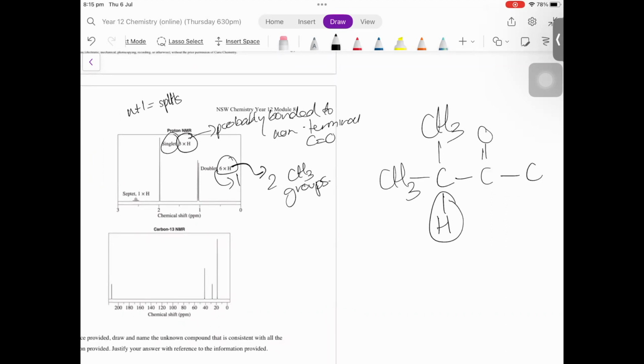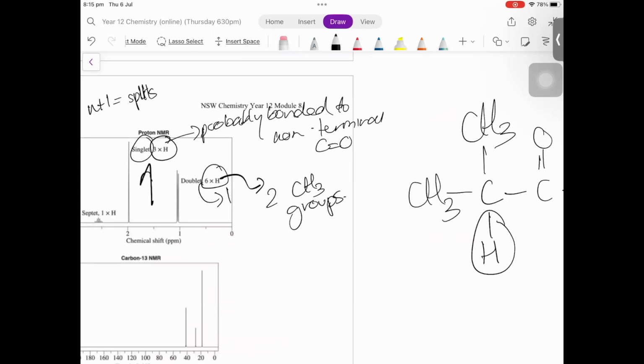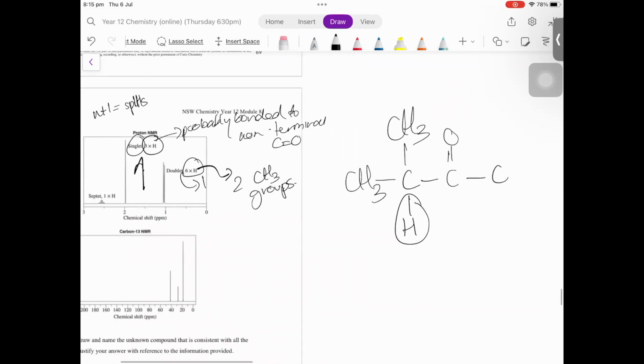Okay, and then you have your singlet, which has no neighbors. It's 3 hydrogens that make up that signal. Because it's a singlet, it has no neighbors, which means the carbon that my 3 hydrogens are attached to is bonded to a carbon with no neighbors.